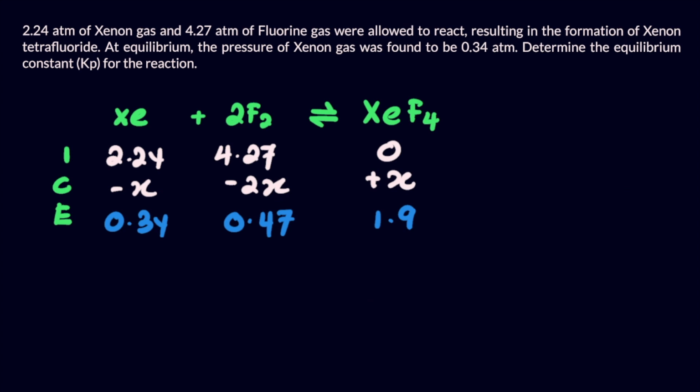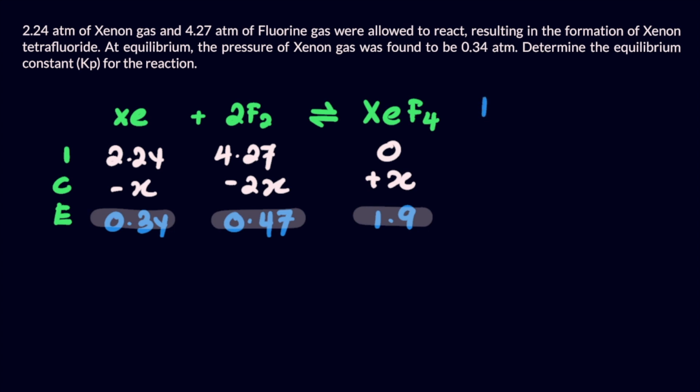From the calculation that we have done just now, we know the partial pressure at equilibrium for each component. Therefore, we can calculate the Kp.